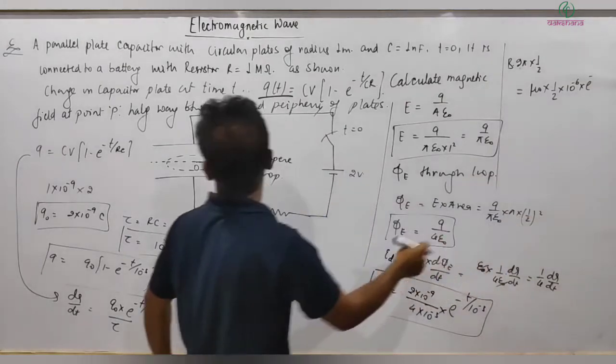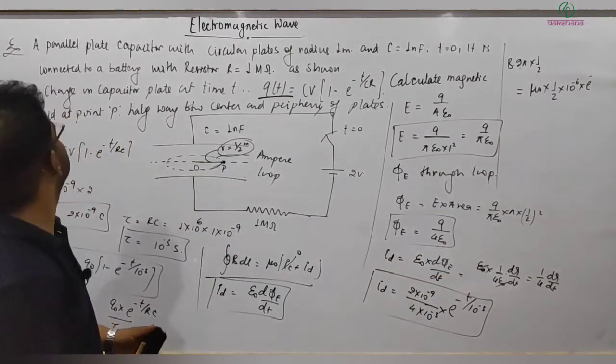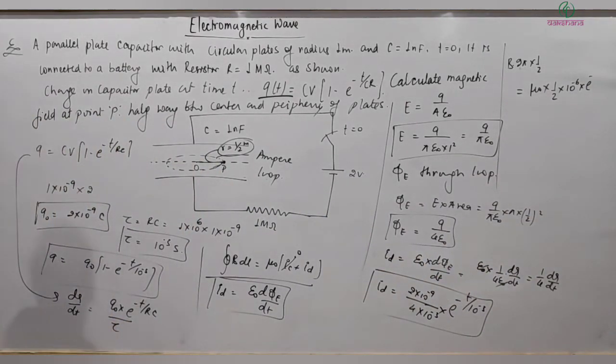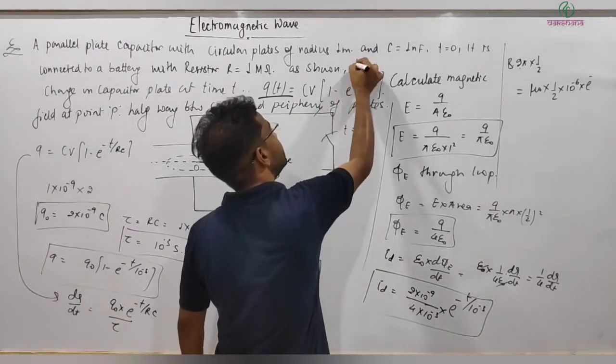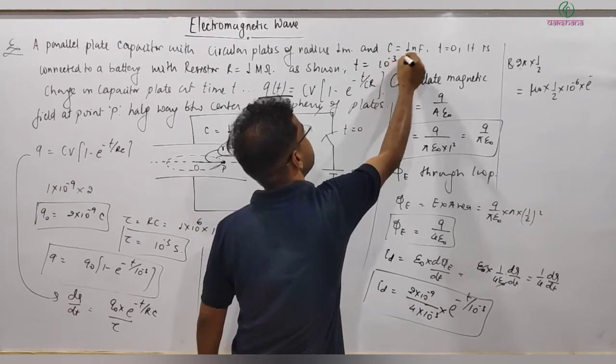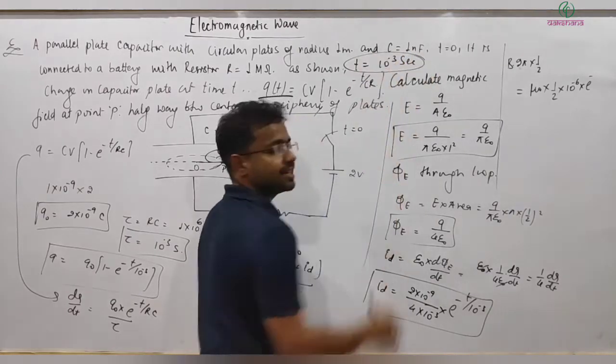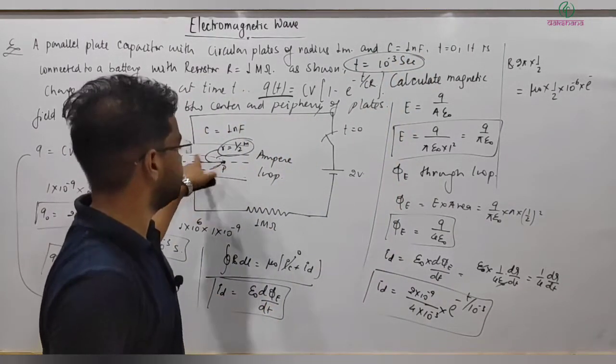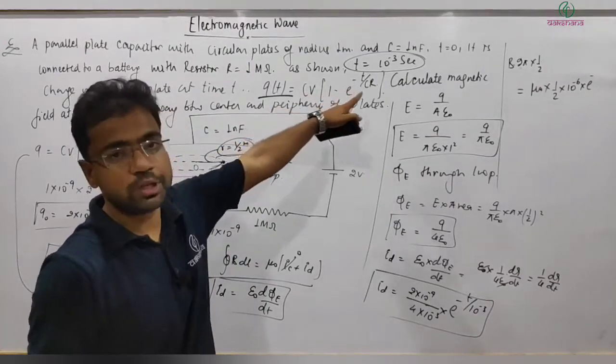T is also given, it's talking about the time. We are supposed to find the time. I missed it, and t is equal to 10 raised to power minus 3 seconds. It's asking the magnetic field between plates at this moment of time.